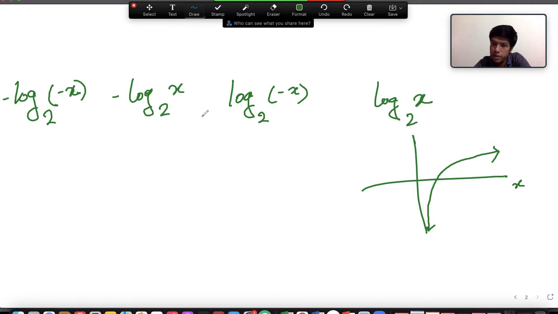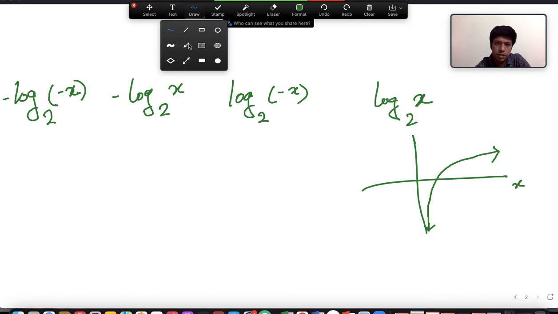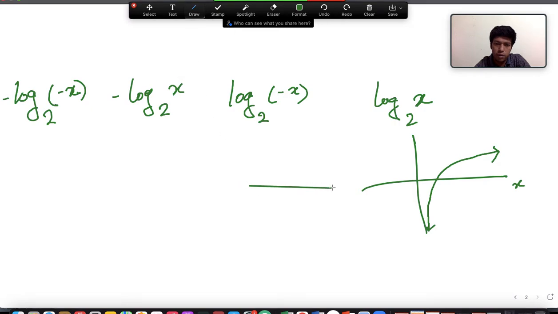Then how do you draw it? Okay, suppose we said that this is the graph of log 2 base x. Then how can you draw the graph of log 2 base minus x? How do you draw it? So the trick is here. Let's get some coordinate axis.